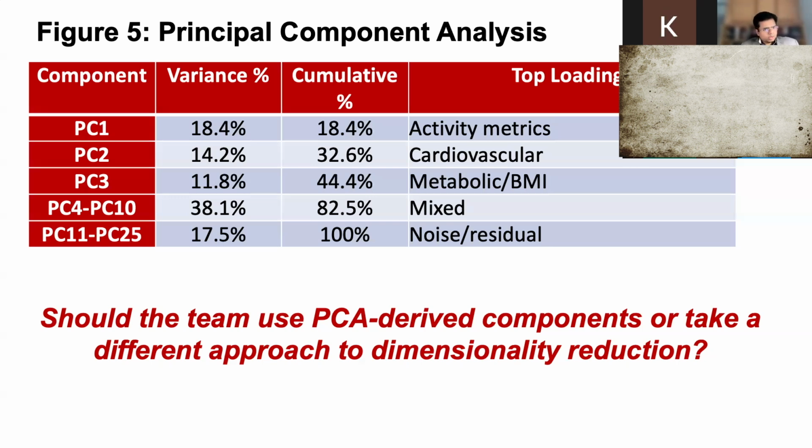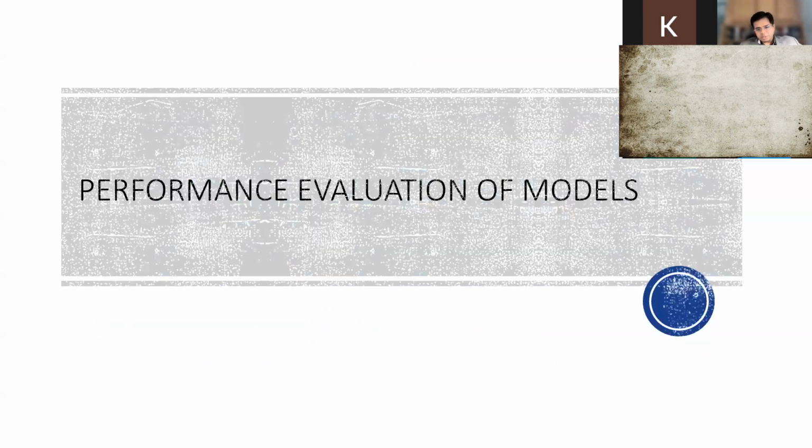So that's one of the cases that we had for today's discussion, relating to what we had covered in data pre-processing. But we are going to move forward to our discussion on performance evaluation of models, which is going to be our next topic, which emphasizes the importance of ensuring that whatever model we are using, we understand the model's performance.